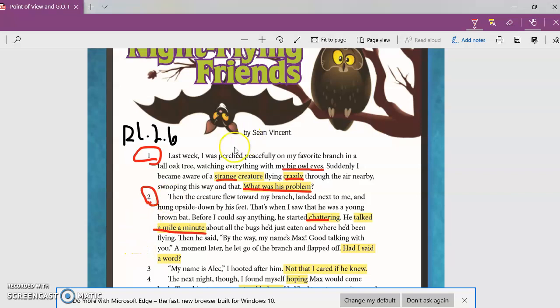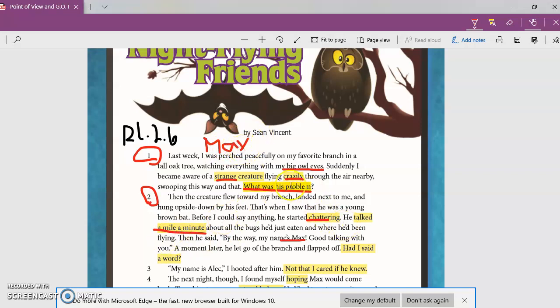So we know by this bat's actions that he is very talkative, because it says the word chattering. He talked a mile a minute, and that's figurative language. Talking a mile a minute means he's talking very quickly. He also says that his name is Max, so I'm going to put the word Max up here.